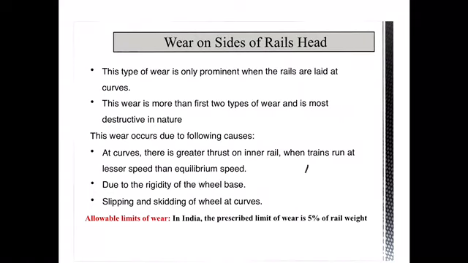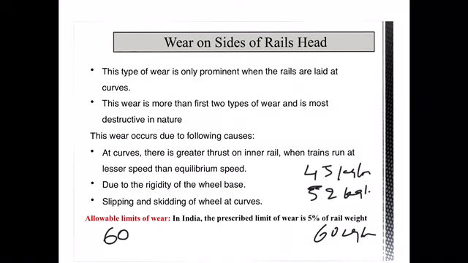In India, we can use either 45 kg per meter, 52 kg per meter, or 60 kg per meter rail weight. Now after the metal has been worn out, when you weigh the metal, the loss of weight should not be more than 5% of the total weight.